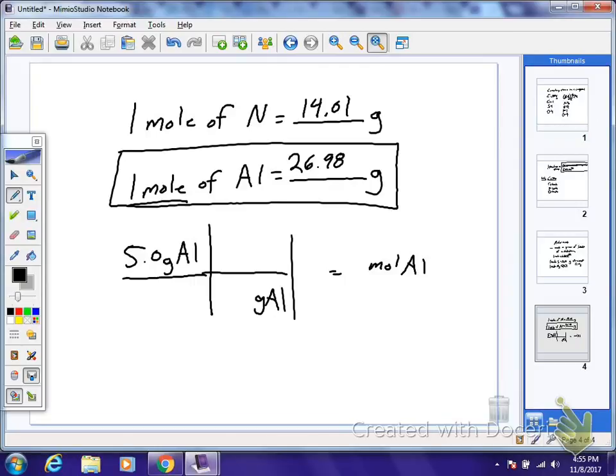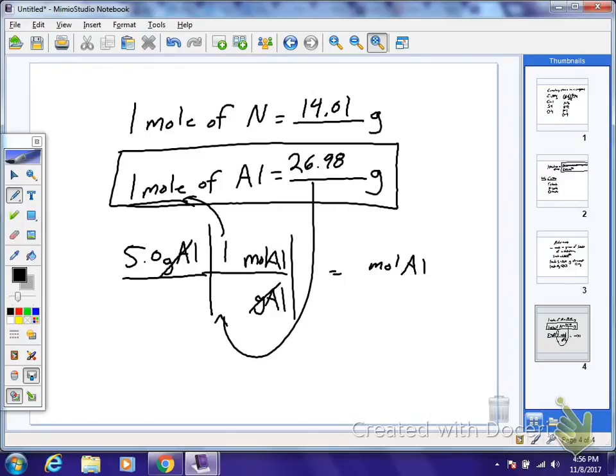I want to make sure I cancel out grams, so that unit is not present in my final answer. And then up above in the numerator, I'm going to put moles because that's the unit I want to end up with. So that one's moles, and what goes down here is the grams.